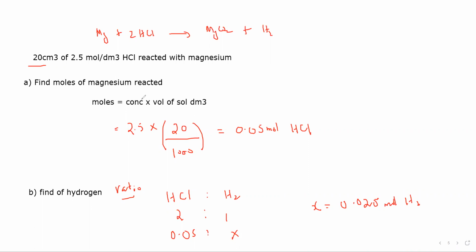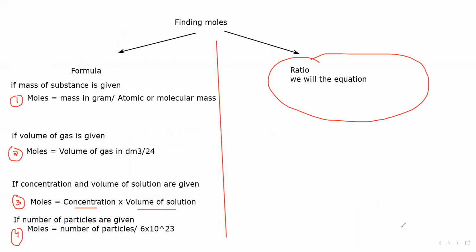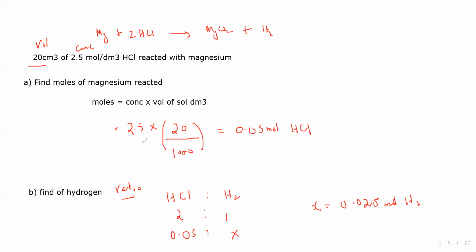Look, in the first part, the volume of hydrochloric acid is given and the concentration is given. When concentration and volume are given, the formula to calculate the moles is concentration multiplied by volume. So you multiply the concentration, which is 2.5, with the volume, but volume is in cm cube, so you have to divide by 1000 to convert into dm cube.